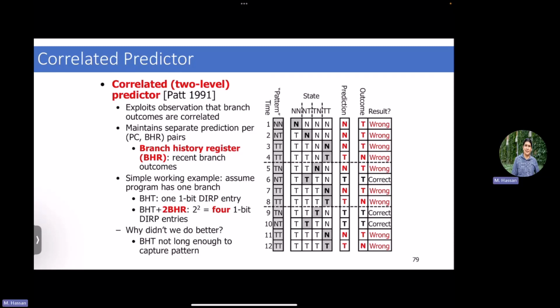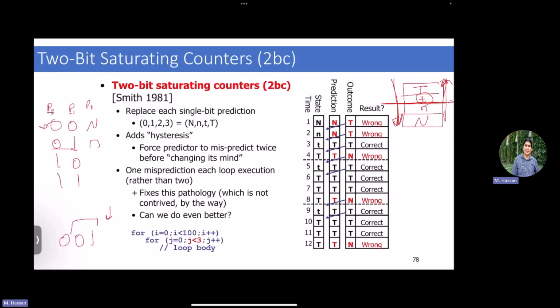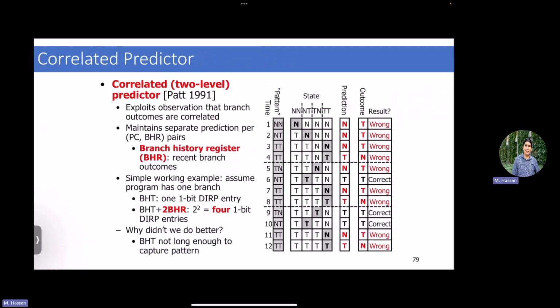In the past, in the 2-bit saturating counter, this was a single thing, either N or T, because it's related to one branch. But here, I'm separating them. I'm saying one of them was N, the other one was N, or one of them was T, the other one was N. So you basically keep the semantic of the two branches separated. And then assume your initial state is all N, doesn't matter. So in that case, your prediction is N.